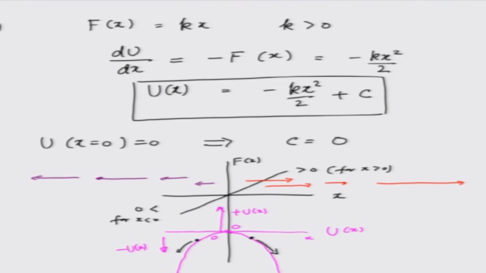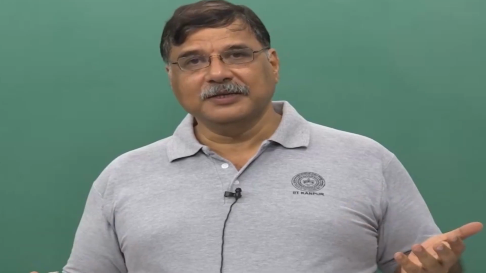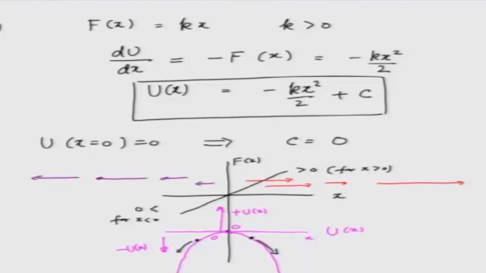On the force curve, I had to look at where the force is positive and therefore what its direction is. On the potential energy, you can just think of it like a hill on which something is slipping. Here the potential happens to be maximum at the origin and therefore there is no force there, and this is an unstable equilibrium, because if I push the particle away from this point, although the force is 0 there, the force increases and the particle tends to rush away from the origin.